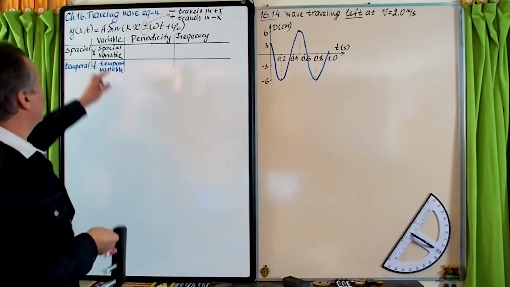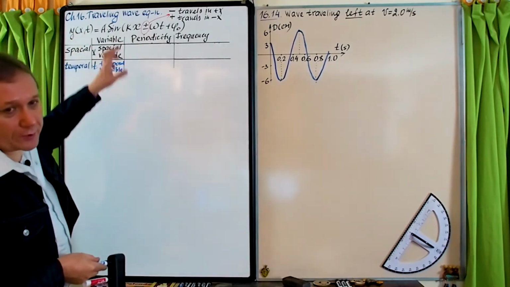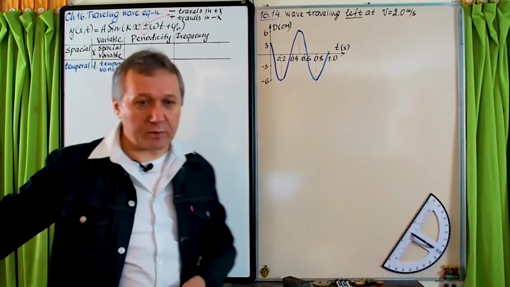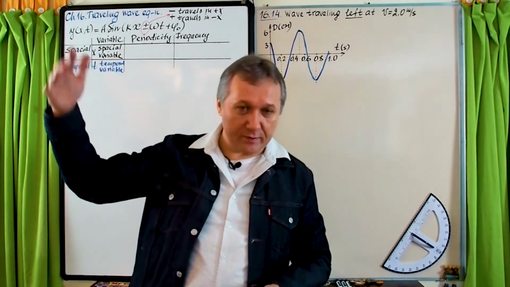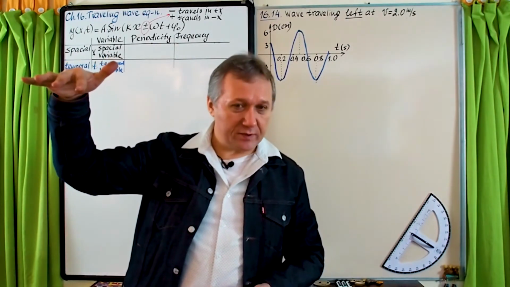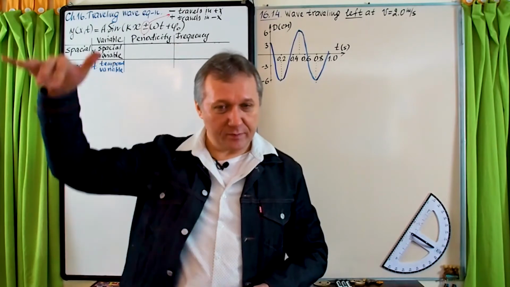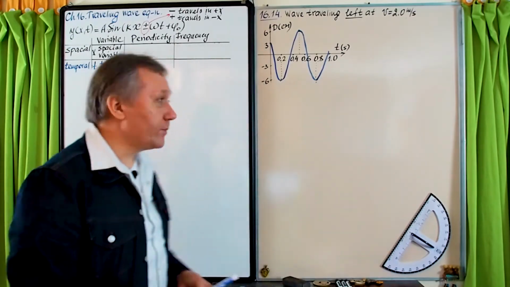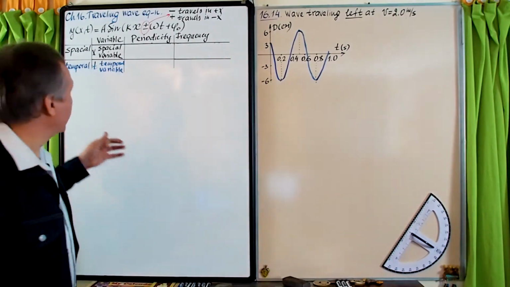Then y is equal to A, the amplitude. It's the maximum displacement of a particle, for example, on a chord. Let's say the maximum displacement is 5 centimeters, and then minus 5, and then plus 5 again. Right, so amplitude, everyone understands that.